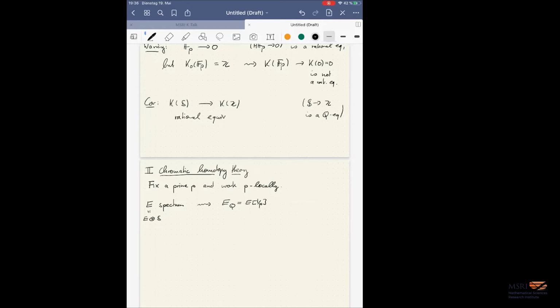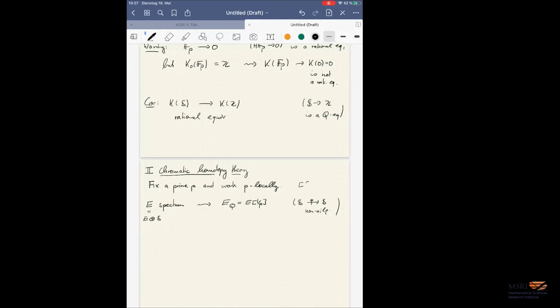So why do I write this? Well, multiplication by P is a non-nilpotent morphism from the sphere spectrum to the sphere spectrum.